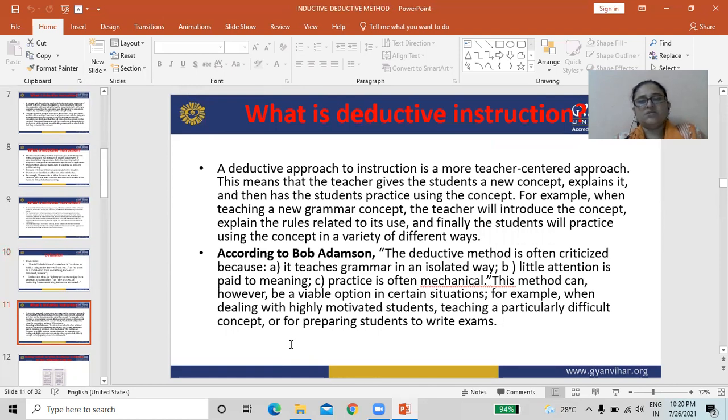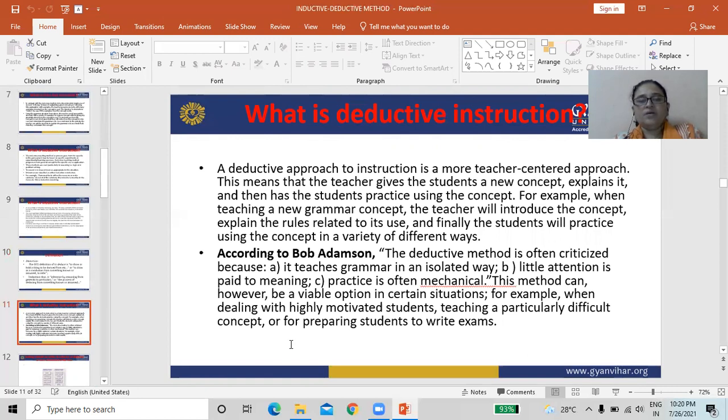What is deductive instruction? A deductive approach to instruction is a more teacher-centered approach. This means that the teacher gives the student a new concept, explains it, and then has the student practice using the concept.